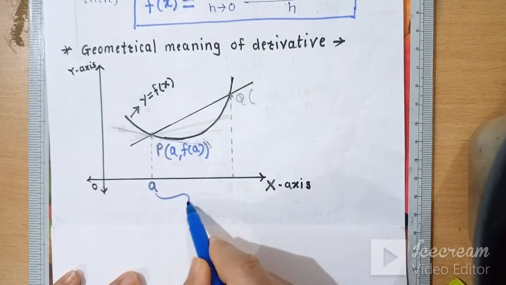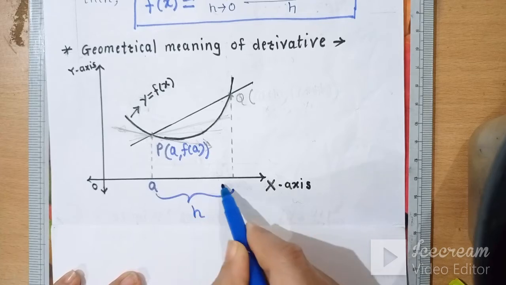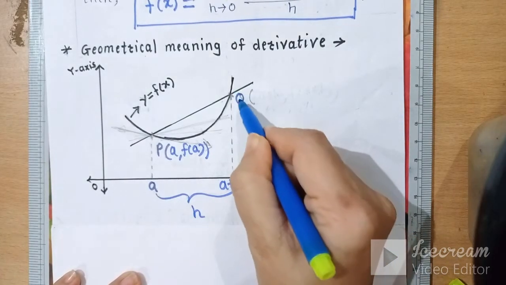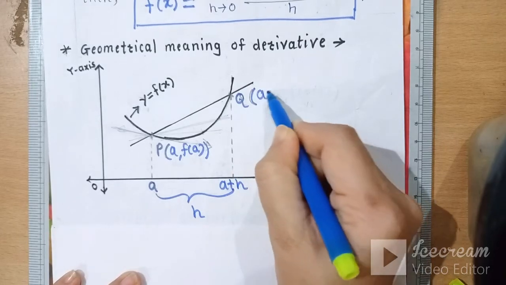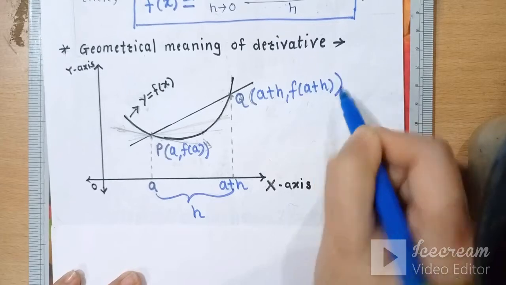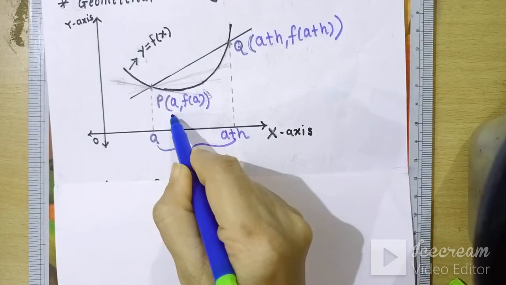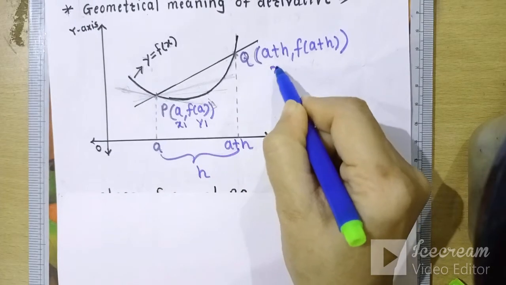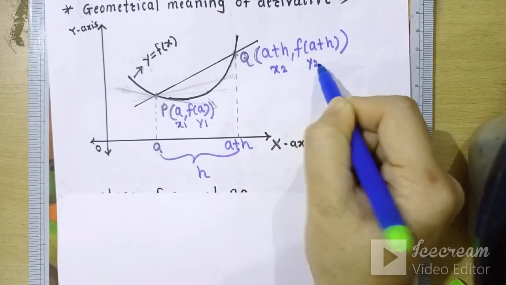At a distance of h, let this be point Q. So the coordinates of Q are (a plus h, f(a plus h)). We will assume this point as (x1, y1) and this point as (x2, y2).